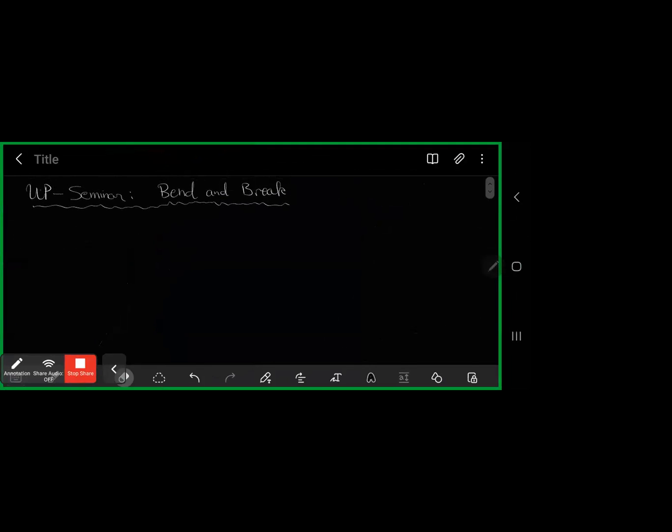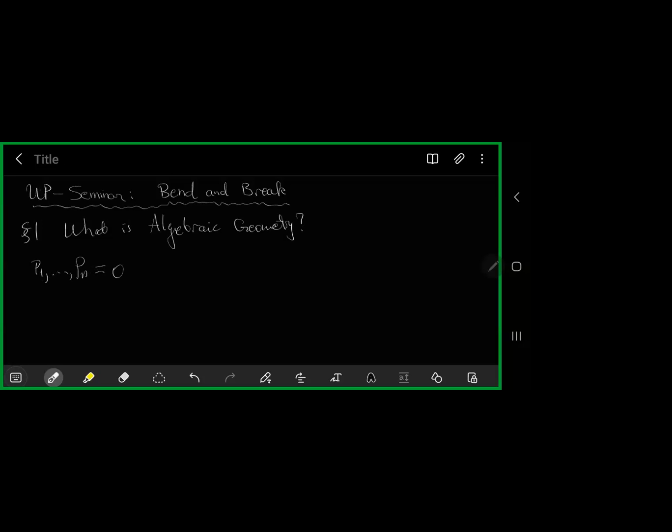So I guess the first thing is, what is AG? Algebraic geometry. Well, the basic idea of algebraic geometry is to study solutions of systems of polynomials. If I have a bunch of polynomials and I set them equal to 0, I want to understand the solution set for those.